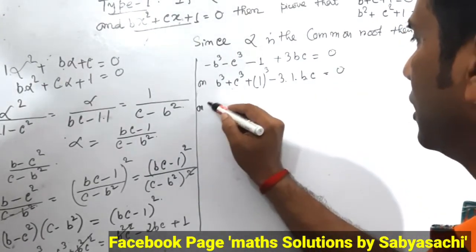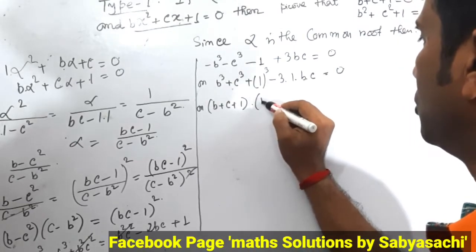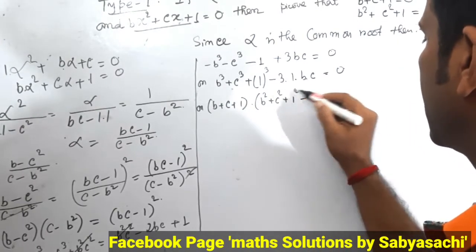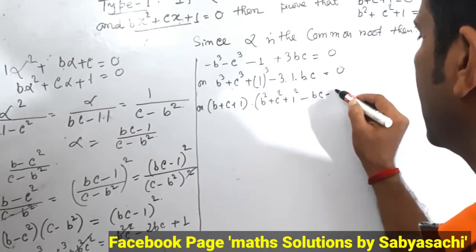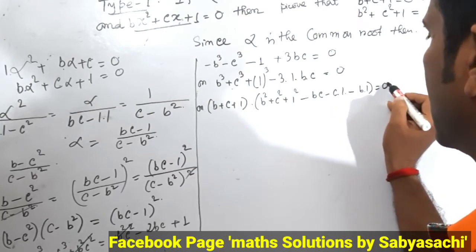You know the formula: b plus c plus 1 into b square plus c square plus 1 square minus bc minus c into 1 minus b into 1 is equal to 0.